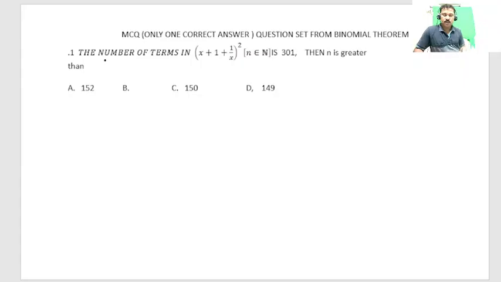Then n is greater than which of the following values? Here it is also defined that n belongs to capital N, the set of natural numbers. So we solve this first.